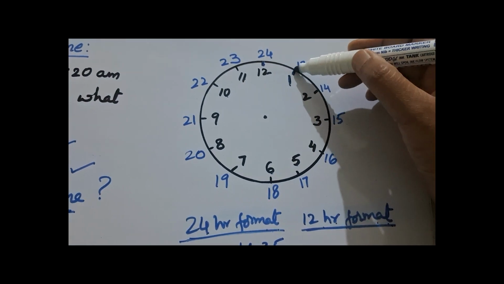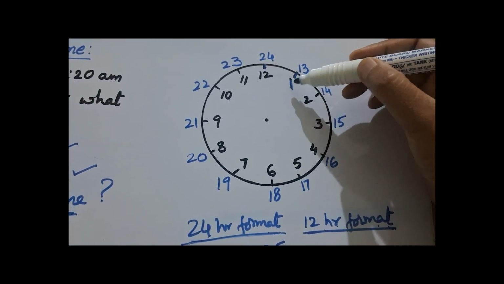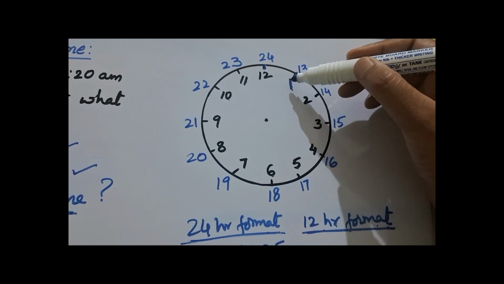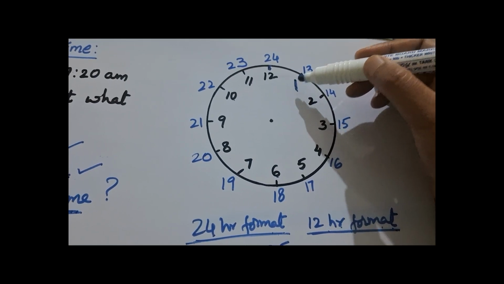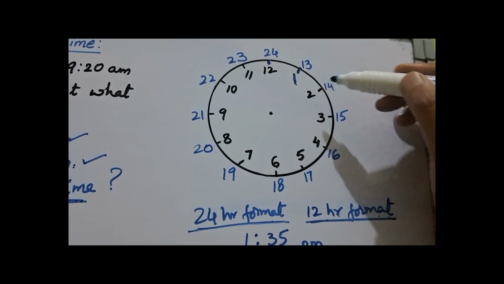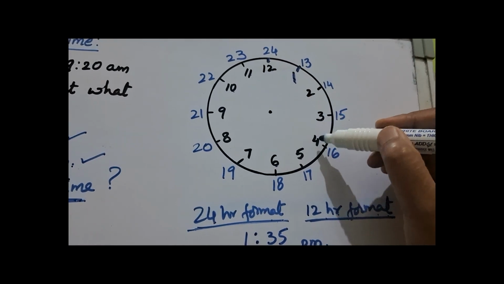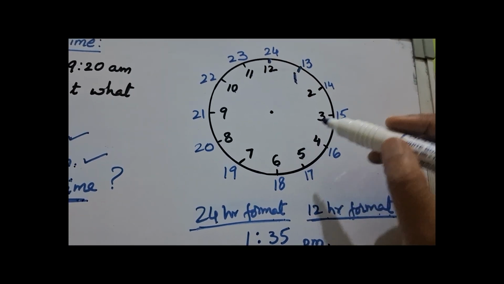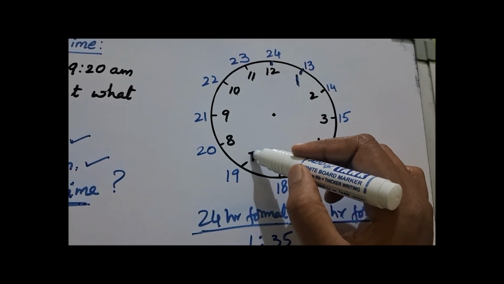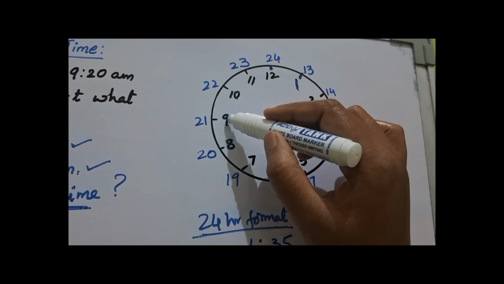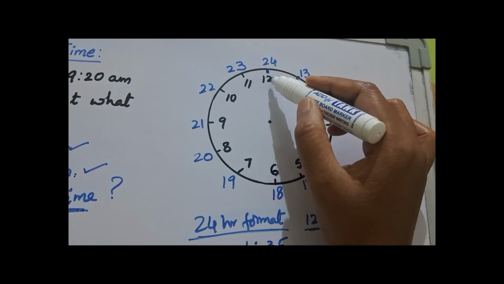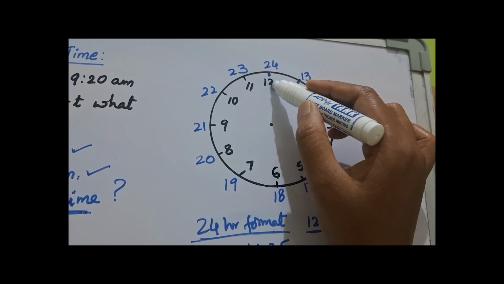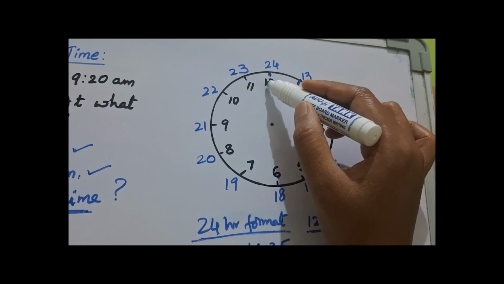And after 1 hour, this is 1, which we call 1 a.m. Midnight 1 a.m. Then 2 a.m., 3 a.m., 4 a.m., 5 a.m., 6 a.m., 7 a.m., 8 a.m., 9 a.m., 10 a.m., 11 a.m., and at midday 12, the AM will end.